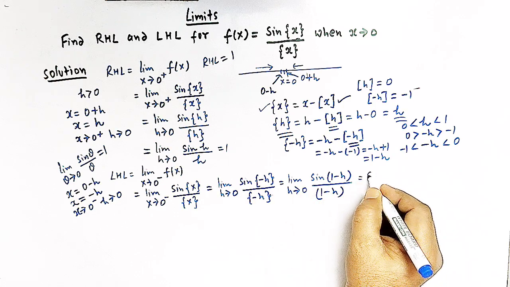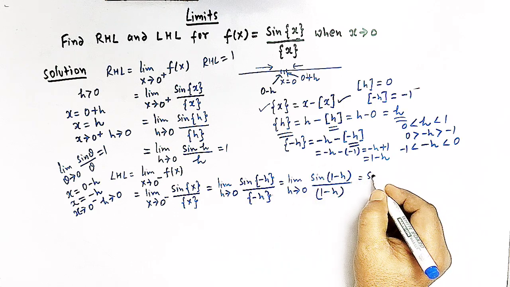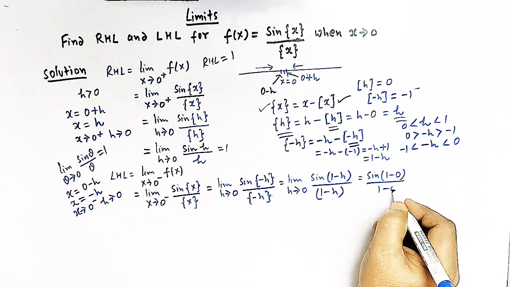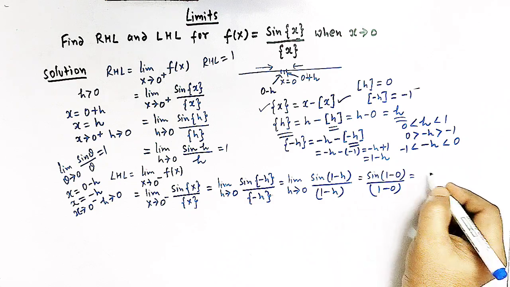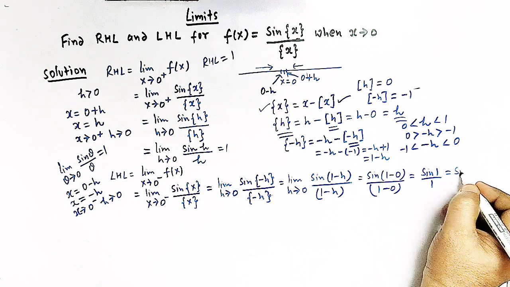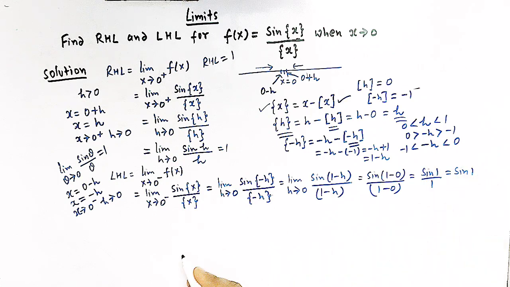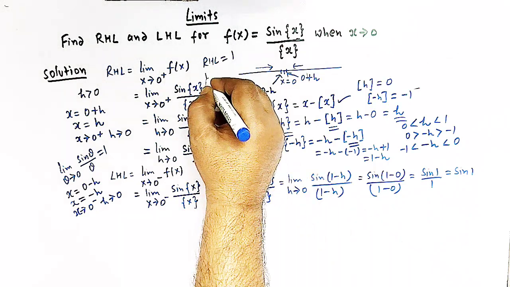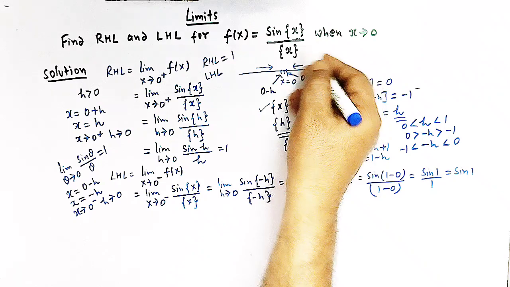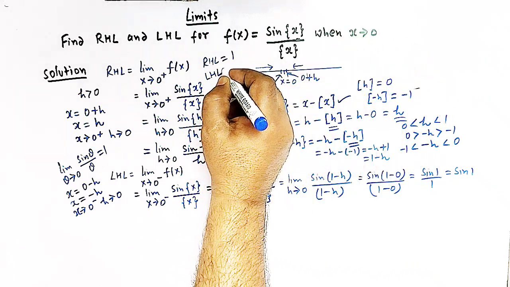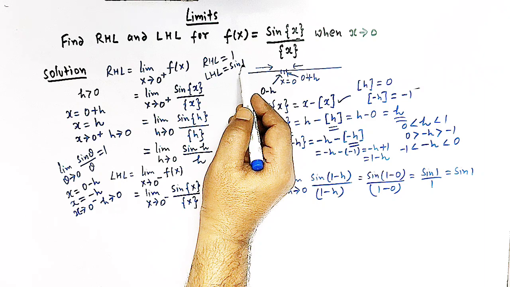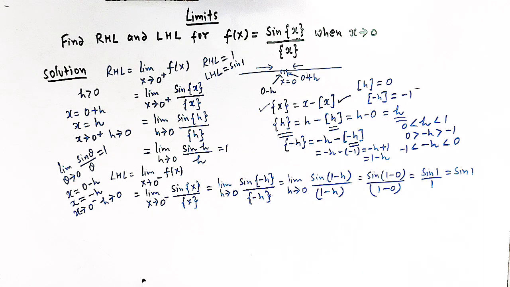So we have here the value of this limit as sine of 1 minus 0 divided by 1 minus 0. That is equal to sine 1 over 1, that is equal to sine 1, right? So here the left hand limit of this function f of x when x approaches 0 is equal to sine 1, right? And here 1 is in radians, right?